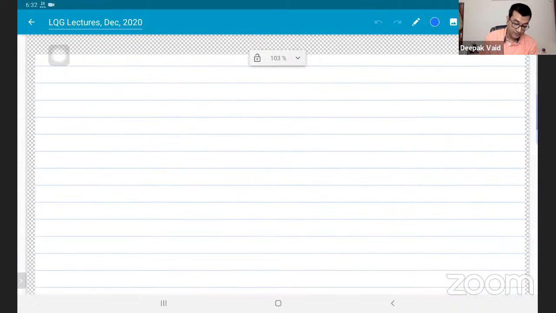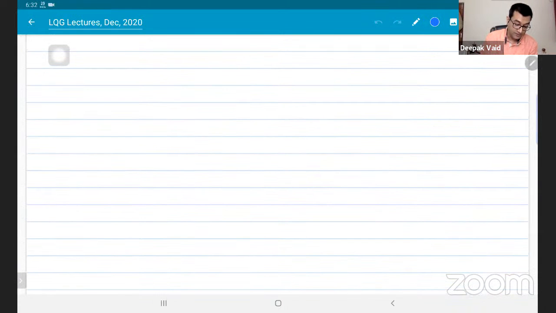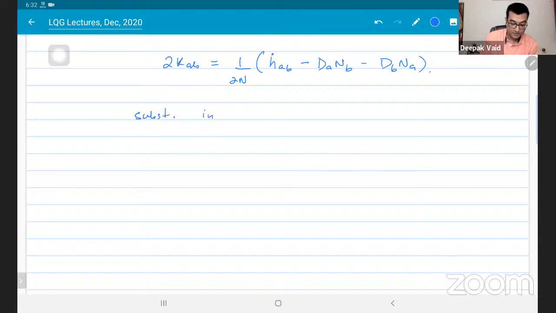So we have 2KAB is equal to 1 by 2N HAB dot minus D_A N_B minus D_B N_A. Then we substitute this in the Lagrangian.